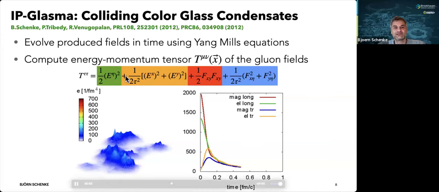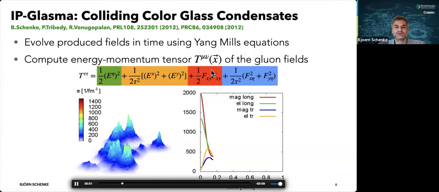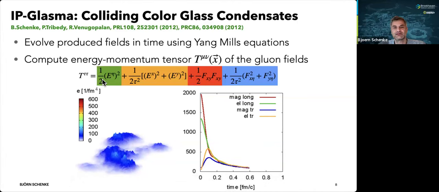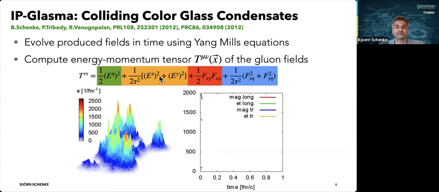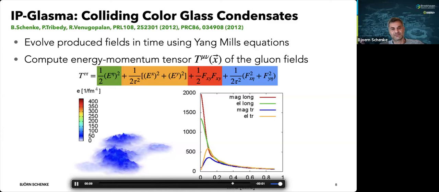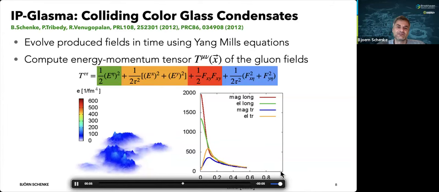And what I'm also plotting are these four different colored components, which are the longitudinal magnetic part, the longitudinal electric field part, and then the contributions from the transverse magnetic and transverse electric field. And you see, initially, we only have longitudinal electromagnetic fields. This is sort of these color flux tubes you can think of, but the transverse components quickly rise, and then eventually we have this equipartition of the energy density.